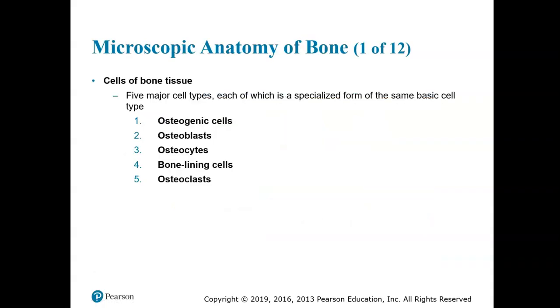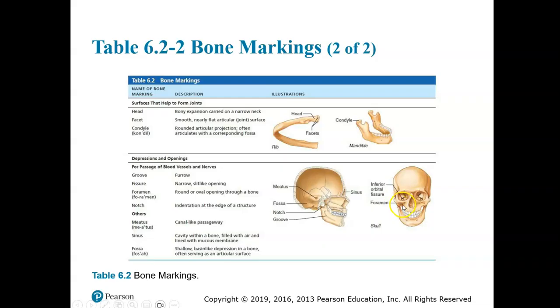Probably the most well-known foramen is the foramen magnum, which is the hole that allows for the spinal cord to travel up through from the vertebra. So it's the hole in the skull where basically the brain stem and the spinal cord travel through. So that is called the foramen magnum because it's a large hole.